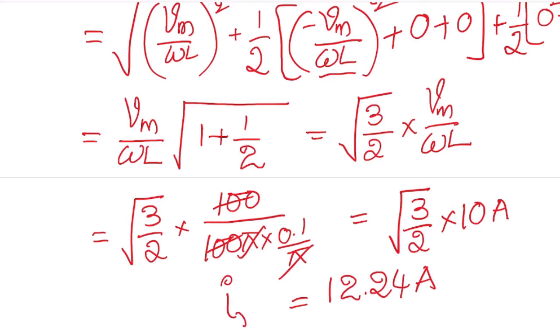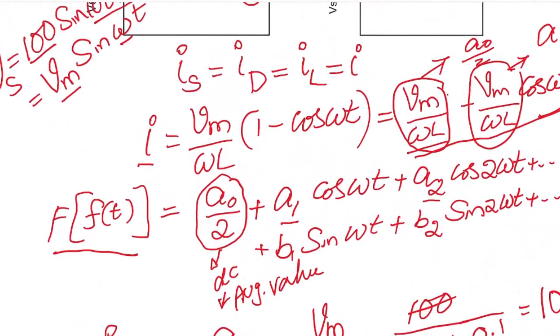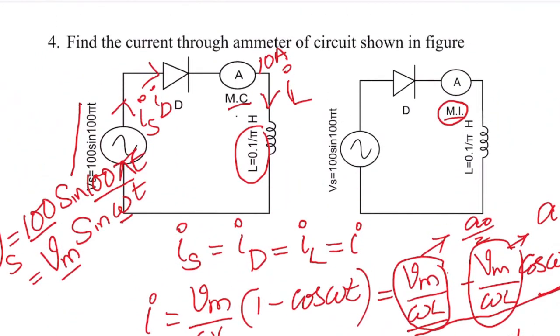So in this case the IRMS is 12.24 amperes. The right answers are: for the MC meter it is 10 amperes, and IRMS is 12.24 amperes.